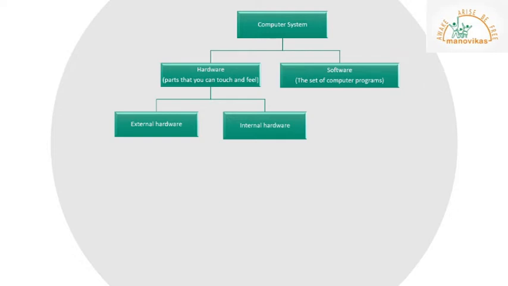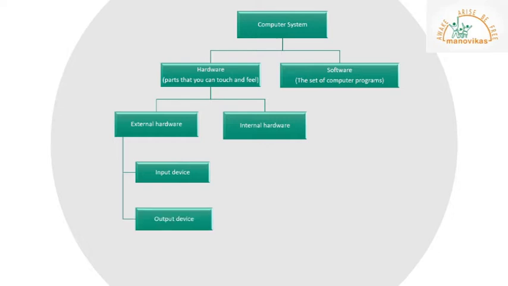If you look at external hardware, again there are three kinds. Firstly, there are input devices, which we also call input peripherals because they are connected. So input peripherals, output peripherals and the storage devices.